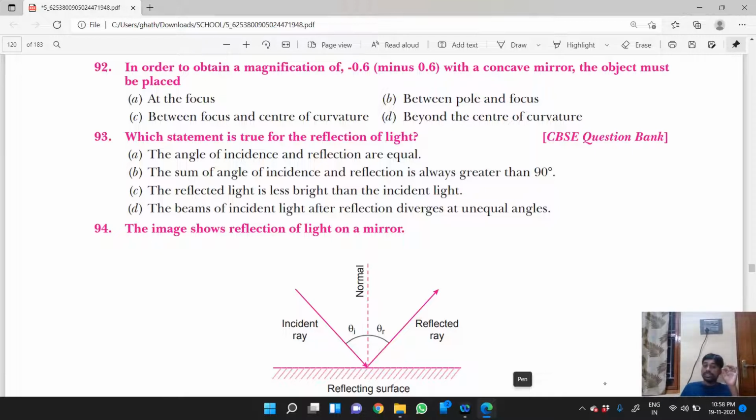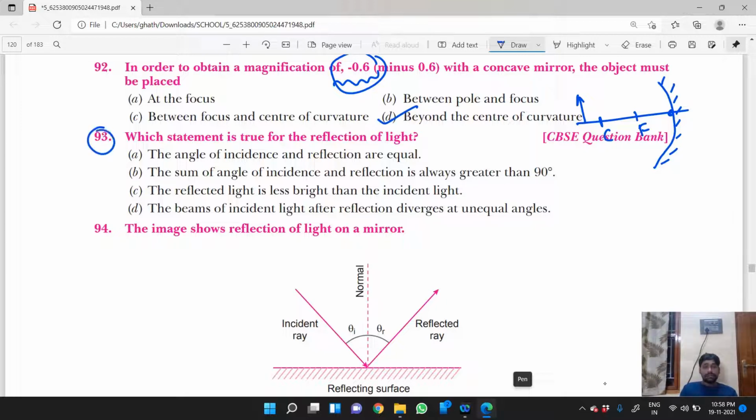Magnification of minus 0.5 with a concave mirror indicates a real, diminished image. So if the object is placed beyond the center of curvature, we will get a real, inverted, diminished image. So beyond the center of curvature is the exact answer.